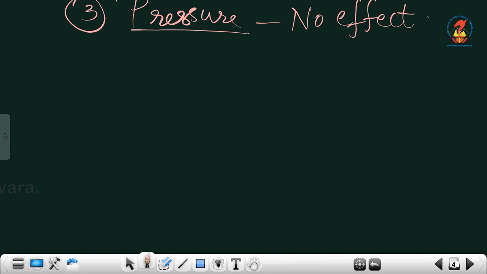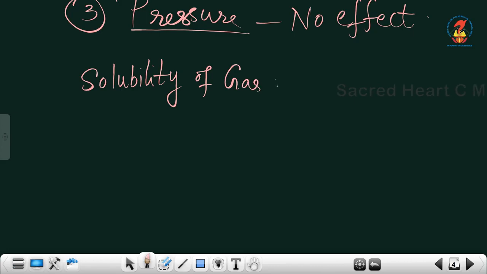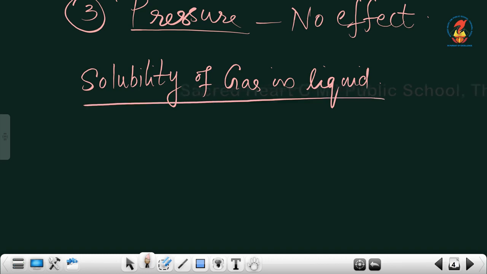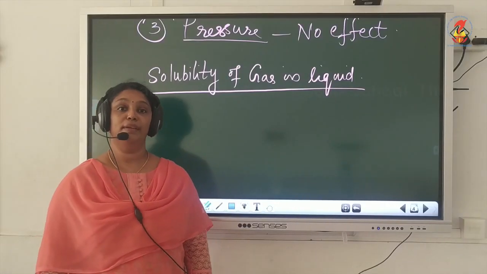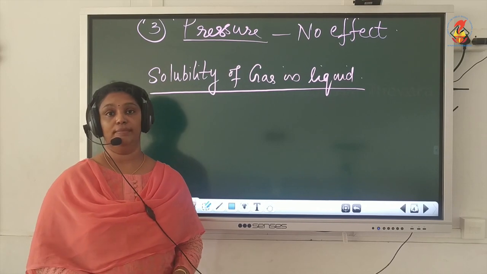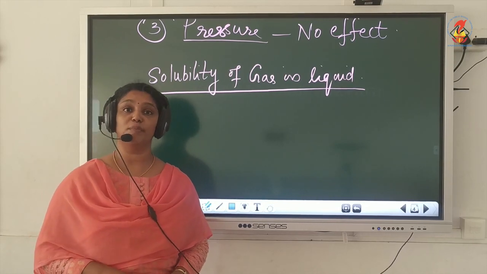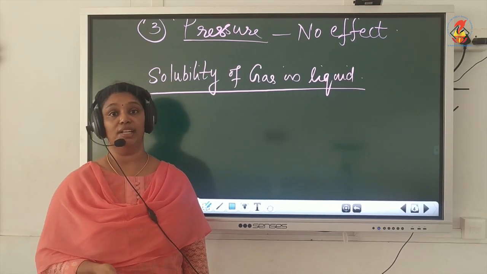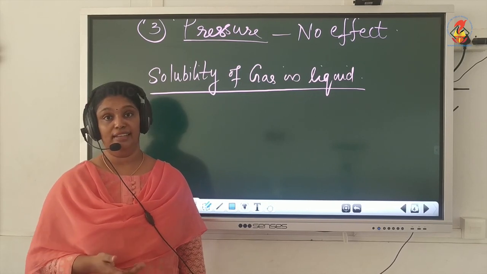Next, let's discuss the solubility of a gas in a liquid. We know that many gases dissolve in water. Certain gases will dissolve to a smaller extent, whereas some gases will dissolve highly in water.